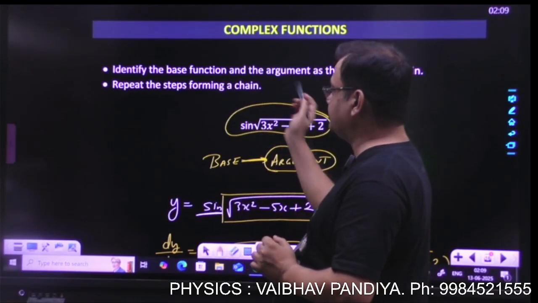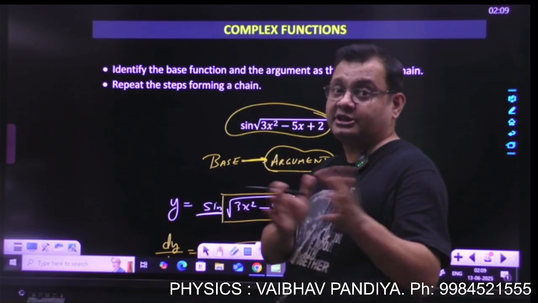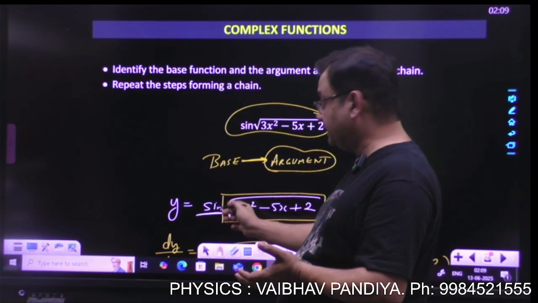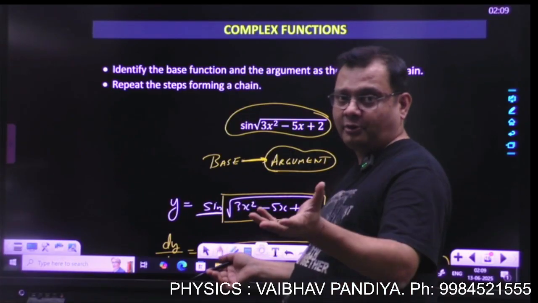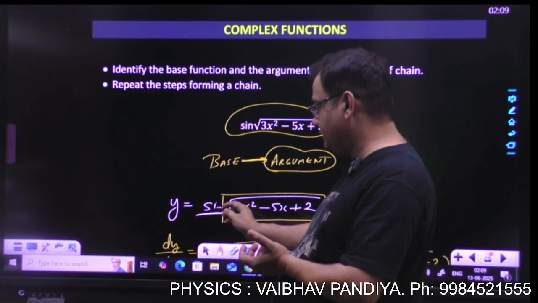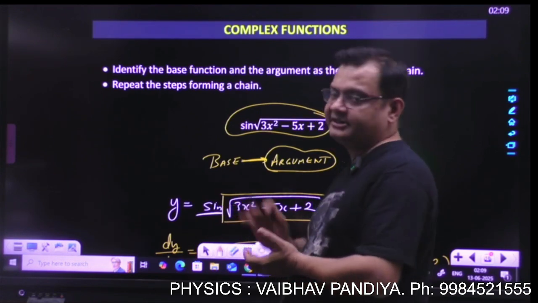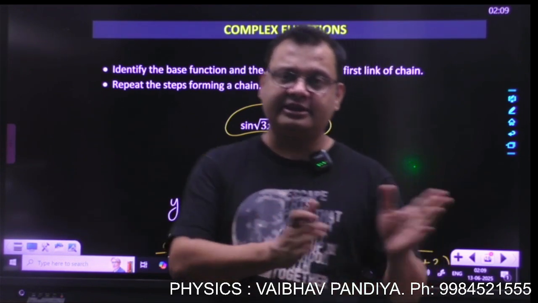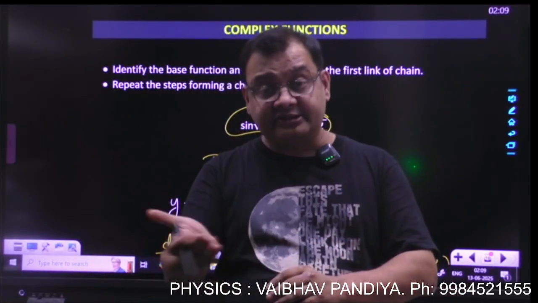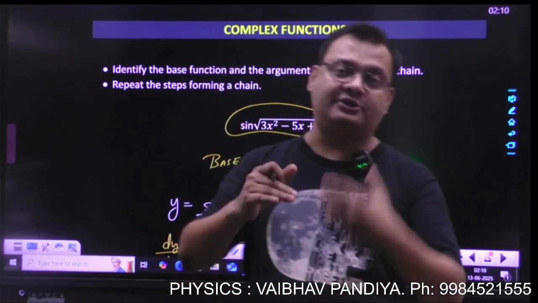Repeat the steps forming a chain. Now you need to repeat the steps until the chain is terminated, until you get a standard form in the argument. So the base function is sine, so we'll differentiate sine treating the argument as a single quantity, correct? Then you will differentiate the argument, and while differentiating the argument, it is possible that you have to again apply the chain rule, okay?